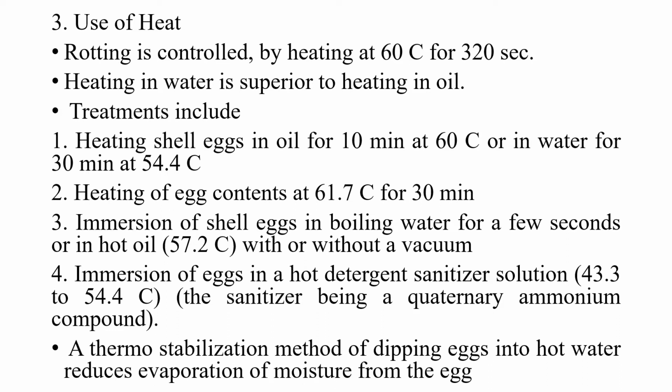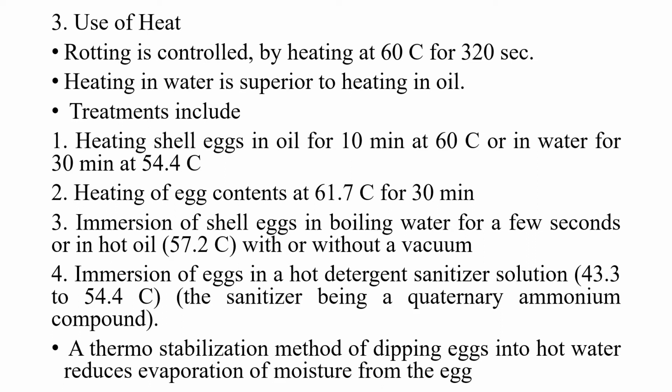And the different treatment procedures followed in the poultry for egg: first one is heating the eggshells in oil for about 10 minutes at 60 degrees Celsius, or heating in water for about 30 minutes at 54.4 degrees Celsius. Second method is the heating of egg contents at 61.7 degrees Celsius for 30 minutes.